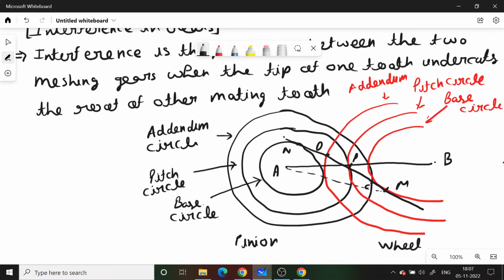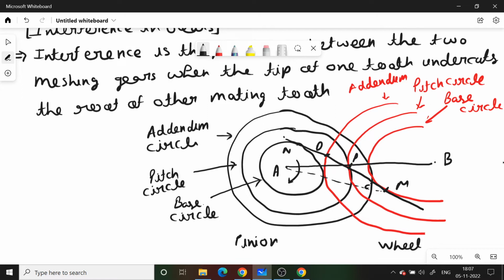If the pinion is the driver and rotating clockwise, then the teeth on the pinion and wheel are engaged at point D and are disengaged at C.